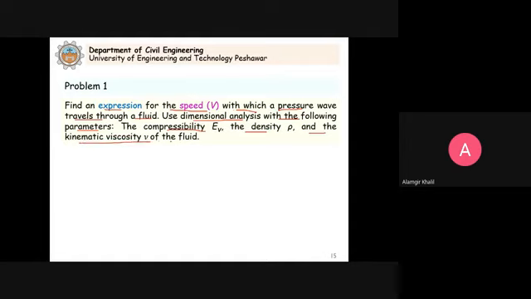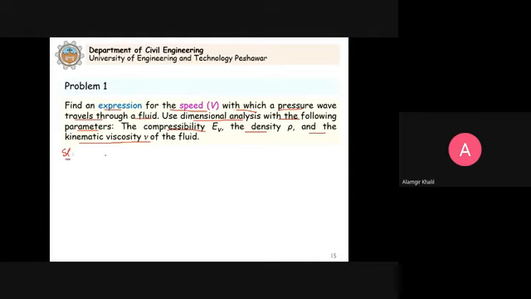So again, here the parameters are known. That's why the first step is to identify the important parameters. Because we are learning how to apply the method, these parameters are given to us. Now we want to develop a functional relationship between these variables using dimensional analysis.